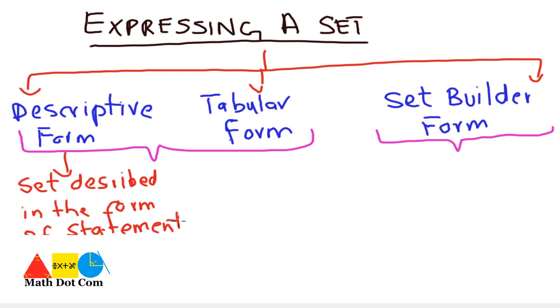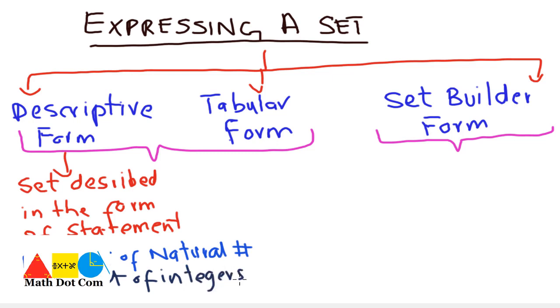For example, N is equal to the set of natural numbers. Similarly, Z is equal to the set of integers. These are examples of how you can write or express a set in the descriptive form.